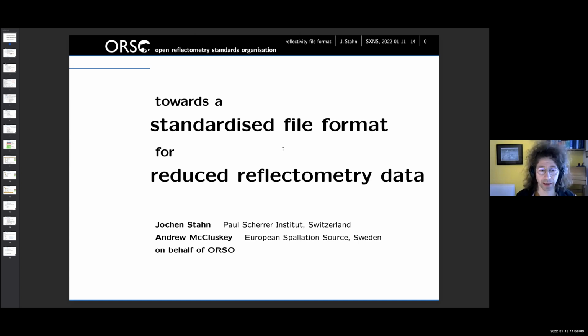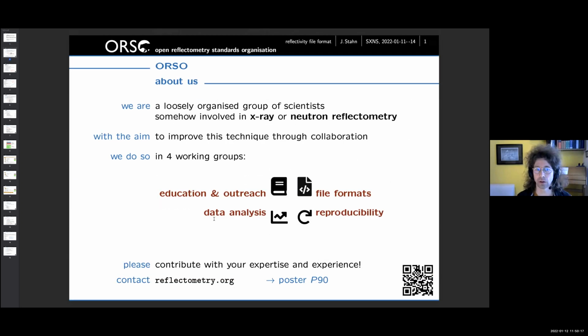The title is clear. We present this on behalf of ORSO, so I have to present ORSO first. ORSO is a loosely organized group of scientists that are somehow involved in X-ray or neutron reflectometry. It was founded about 3 years ago, and the idea behind it is that we want to improve the technique of reflectometry through collaboration and creating common platforms and tools.